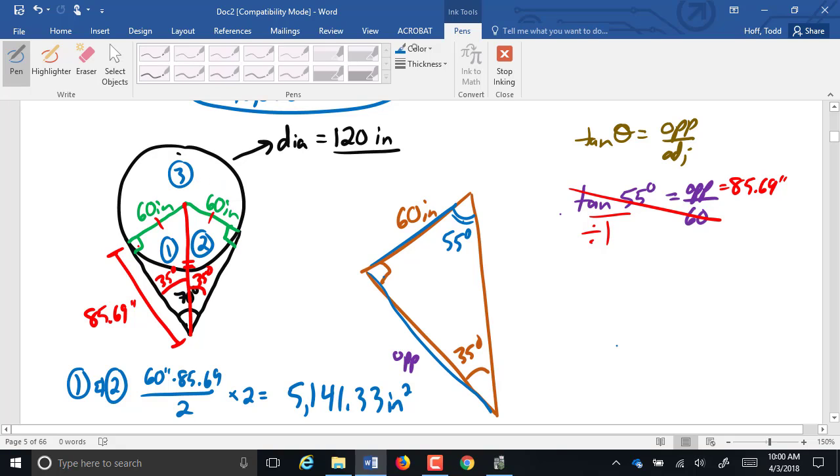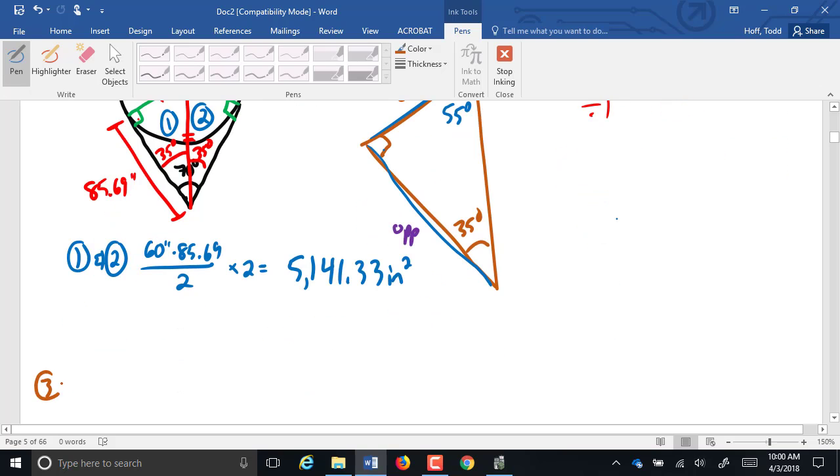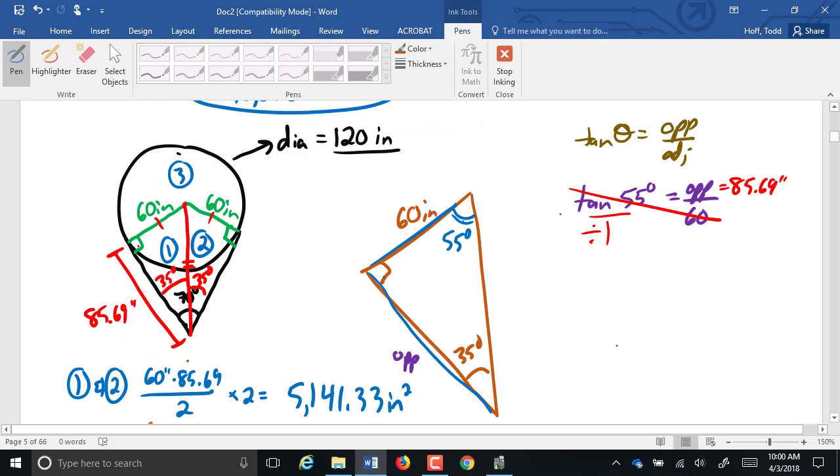Now to find section 3 up there, what do I do? I find the area of the whole thing using the radius. So it's pi times 60 squared, and then times this angle here, which is how big? Well, 360 minus 55 and minus 55. Yeah, minus 110. 250 degrees.